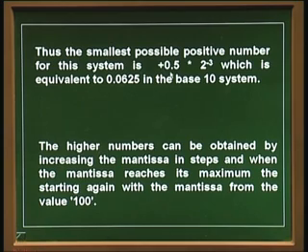That's the smallest possible. Mantissa, we said base is 2, so the smallest possible mantissa is 1 over base, that's 0.5. And the exponent, the maximum negative we could represent was minus 3, so we have 0.5 times 2 to the power of minus 3, which is equal to 0.0625 in the base 10 system.